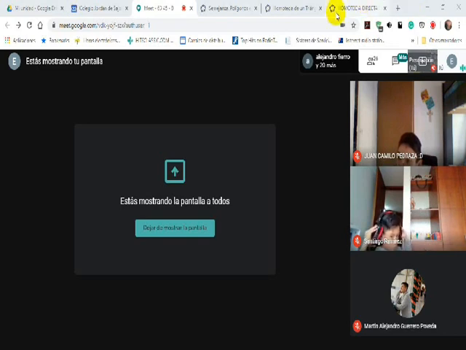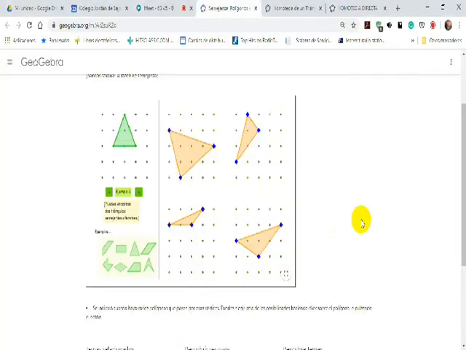So we start with homothecies. Now I'm going to show you an example and then I'm going to give you the link. But first, pay attention. In this side, we have a green triangle, and the idea is to create congruent triangles and similar triangles.